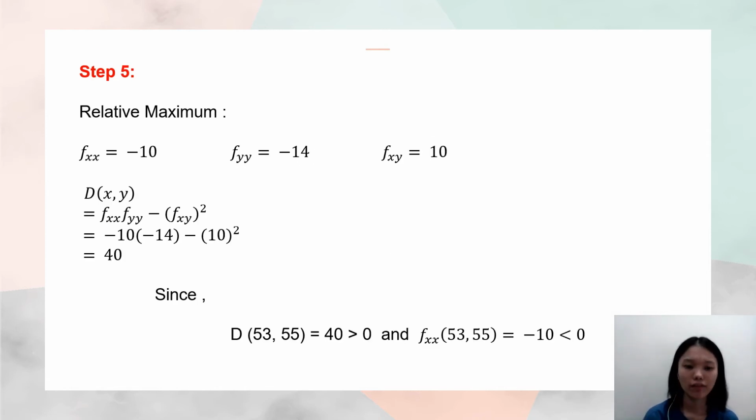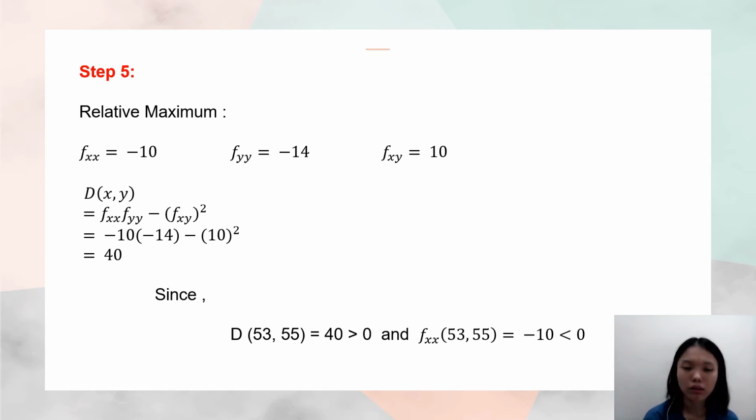Now, to identify whether the function has a relative maximum, we apply the second partial derivative test after the first partial derivatives. We find fxx, fyy, and fxy. For fxx, after differentiating fx, we obtain negative 10; for fyy we obtain negative 14; and for fxy we obtain 10. Using this information, we determine D(x,y), which is equal to fxx times fyy minus (fxy) squared.